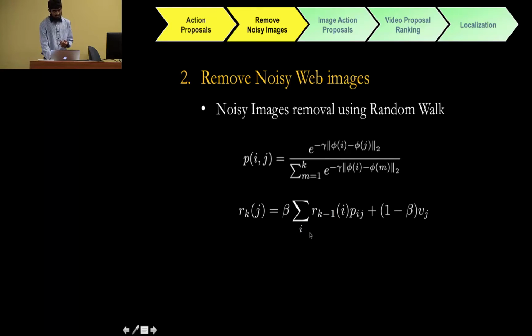And then this is the relevance score of the node J at iteration K, and this is the relevance score of the node I from all the nodes in the previous iteration, and this is the transition probability from node I to node J, and this is the starting probability.